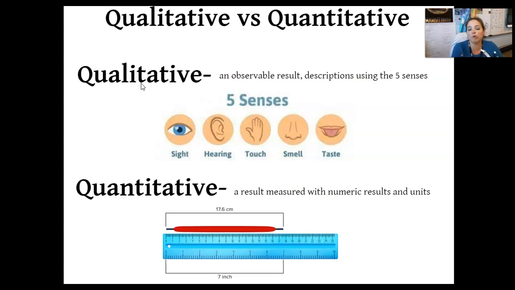It's an observable result describing how you use the five senses: sight, hearing, touch, smell, taste. Whereas quantitative, quantity, is how much. This is the numerical results with units. So a resulting measurement with numerical results and units.